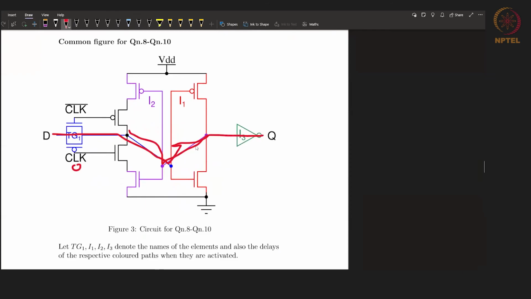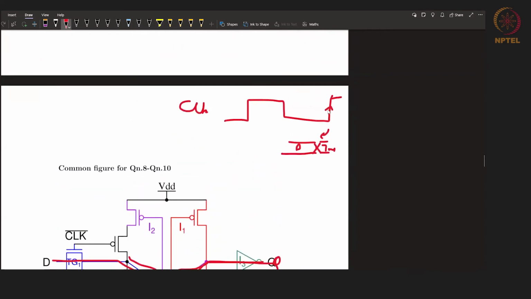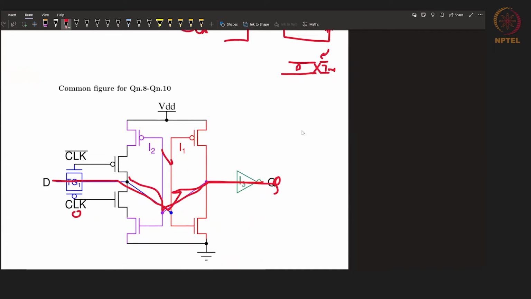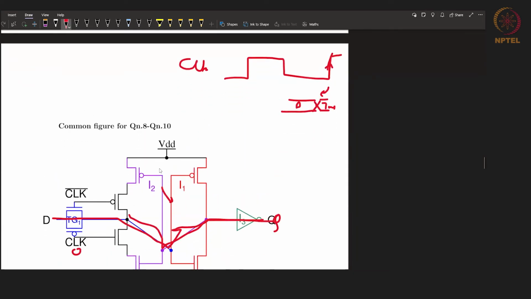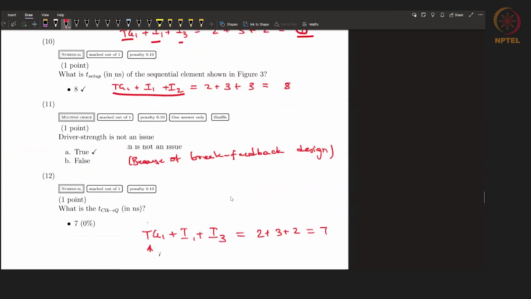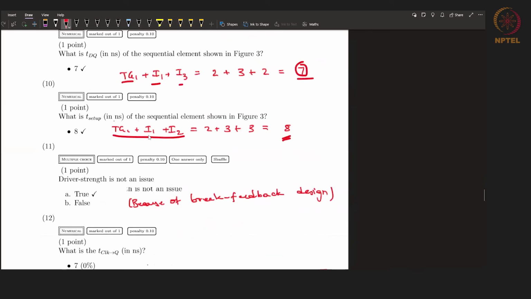Then D will have enough time to reach Q. But as soon as the clock hits, the old value of Q will be restored due to I2 and I1, and the Q's value will change back. Therefore, you need to wait all the way till the loop stabilizes. Therefore, this is TG1 plus TI1 plus TI2. Once the loop stabilizes, TI3 is just an additional delay it takes to reflect. Therefore, the answer here is 8 nanoseconds.